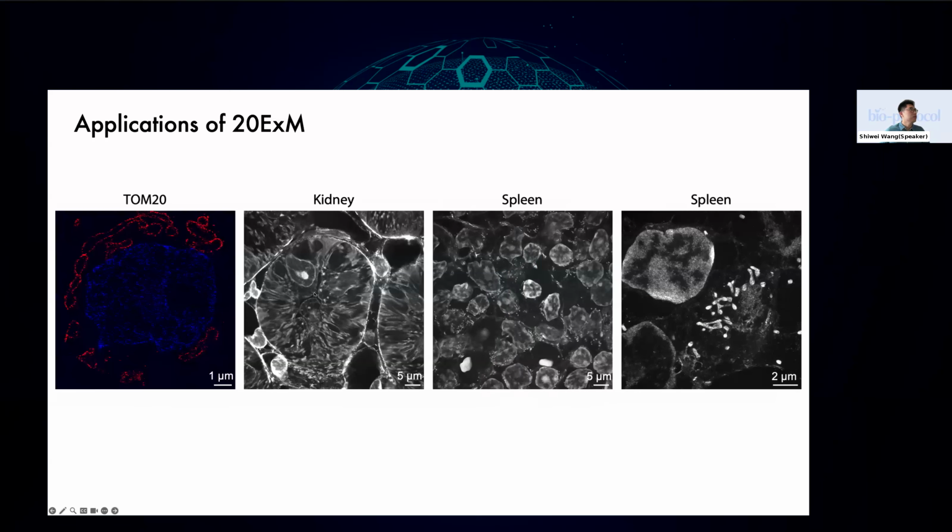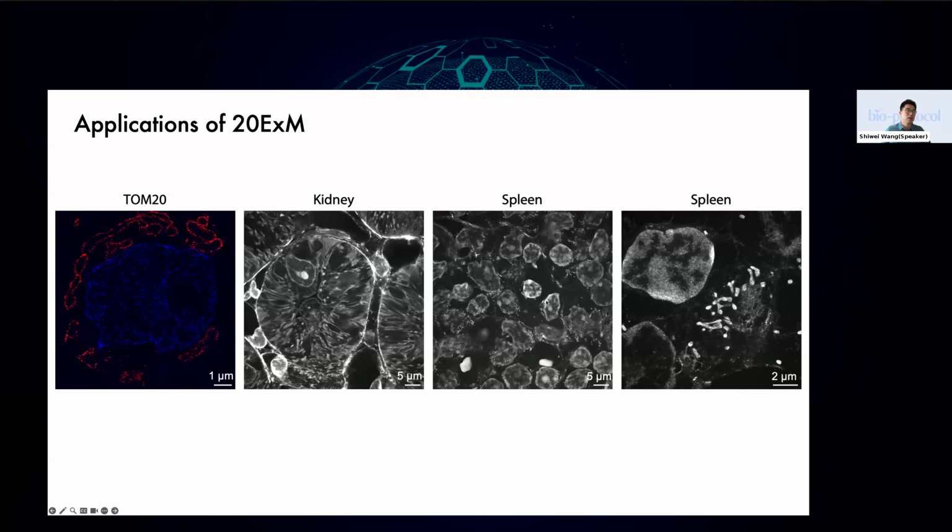And finally, we start to test different potential applications of this technology. So the image on the left, this is we imaged in cell culture. TOM20 is a protein on the outer mitochondria membrane, and we're able to use 20XM to visualize good mitochondria hollow structures inside the cell. And we also use 20XM to expand kidney and spleen.